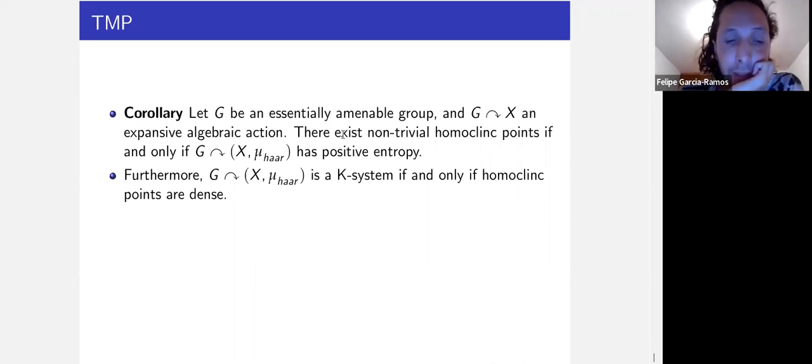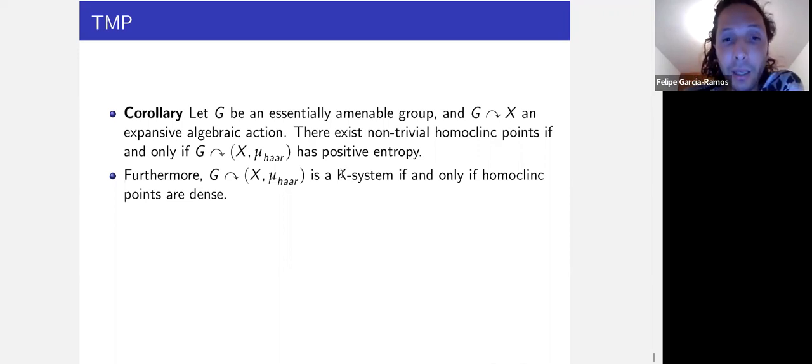Here's another result that we can prove: we can characterize when the action is a K-system. A K-system is Kolmogorov. It means the entropy is positive with respect to every partition, or it also means it satisfies some kind of Kolmogorov 0-1 law.